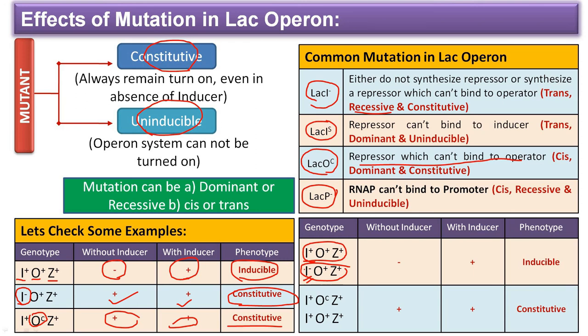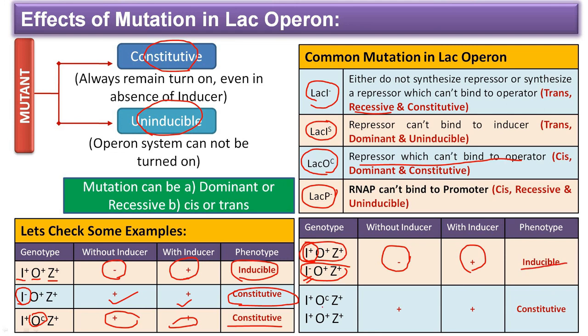So this mutation is a recessive one, and we have a wild type gene here. So we will see the phenotype of this wild type gene, that is I positive, and as a result, this will behave like a normal operon system. In presence of lactose, the operon will remain turned on, and in absence of lactose, the operon will remain turned off. So this will behave like a normal inducible operon system.